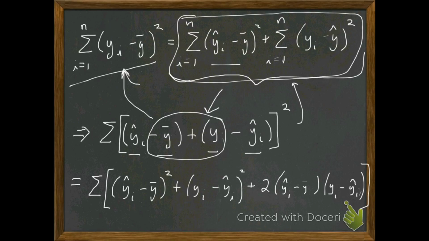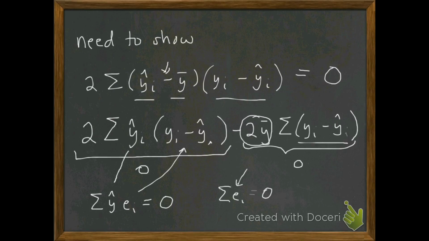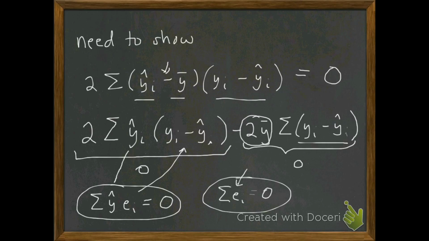And then we foil things out, and then obviously this is to show this is 0, and this works out really nicely. All right. So here are two properties that are kind of cool. You might want to put those on the back burner. I think I've shown you both of those in a video previously, probably at the very beginning, the first video we did on the basics of regression. So, all right, cool deal.